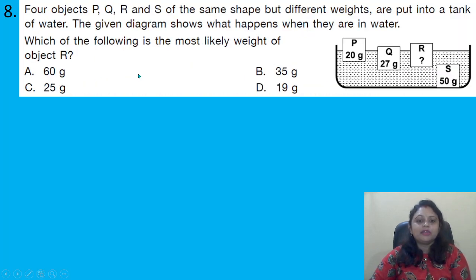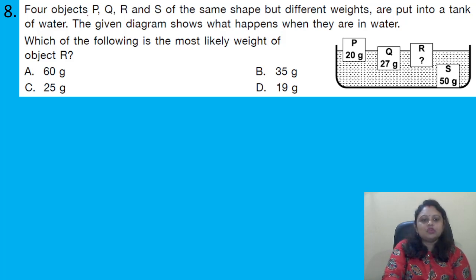Four objects P, Q, R and S of the same shape but different weights are put into a tank of water. The given diagram shows what happens when they are in water. Which of the following is the most likely weight of object R? Options are A 60 gram, B 35 gram, C 25 gram, D 19 gram.